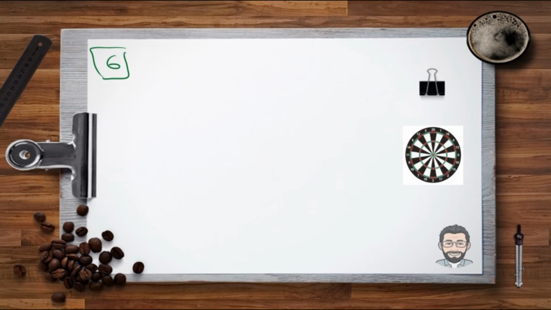Point number 6. When I ask you to find the probability of an area, what are you going to do in this case? For example, you have your dart board and you have a dot here, and I asked you to hit this area. What is the probability of hitting this area?